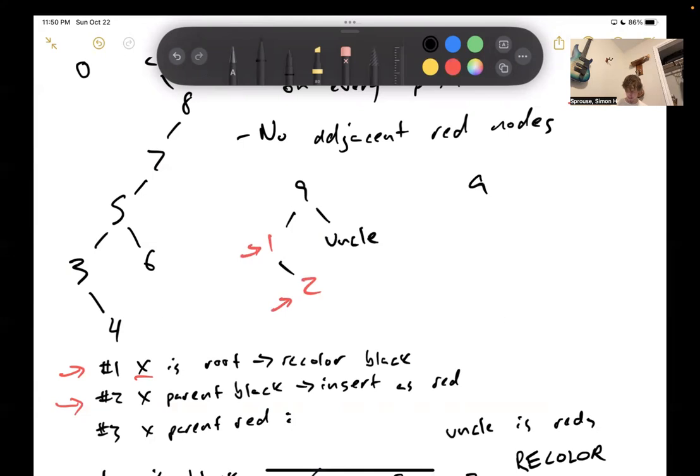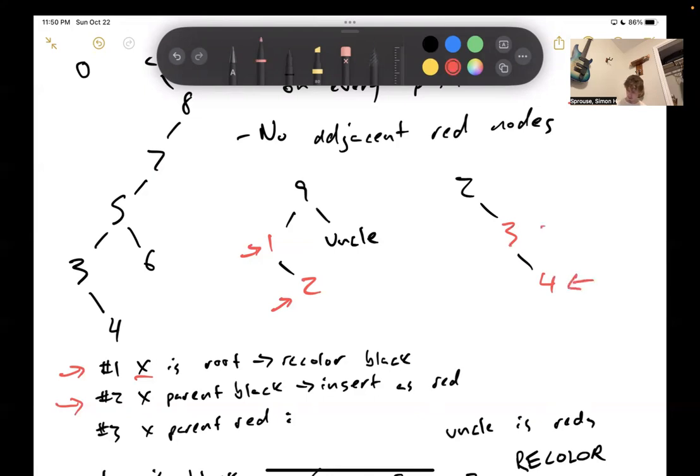It couldn't be 9 there. If you had 1 or 2 like this, and then 3 and then 4, and let's say that these were red nodes, and you were trying to insert 4, you've got a red child here and a red parent.